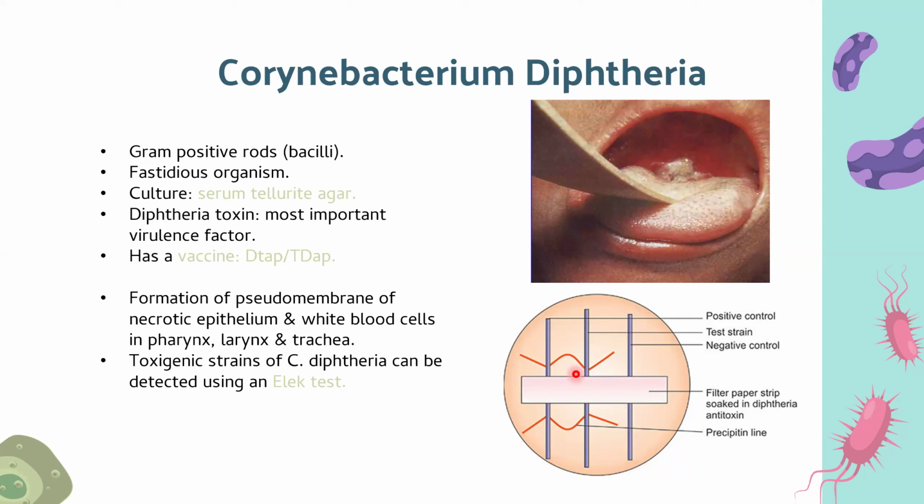If it does have the toxin, it's going to give me this outward burst, this V type of shape, because the antitoxin is seeping into this test strain and causing killing of those bacteria, and of this toxin. So it's going to give me this type of configuration, which I can see on the positive strain as well.